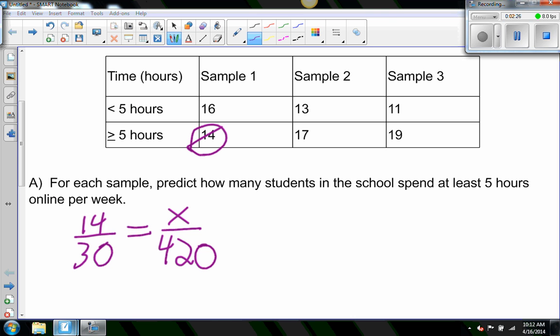Since my total was on the bottom over here, the 30 is the total, then the 420 has to be on the bottom as well. And then we just finish our proportion. So crisscross, 30x equals whatever 420 times 14 is, 5,880.